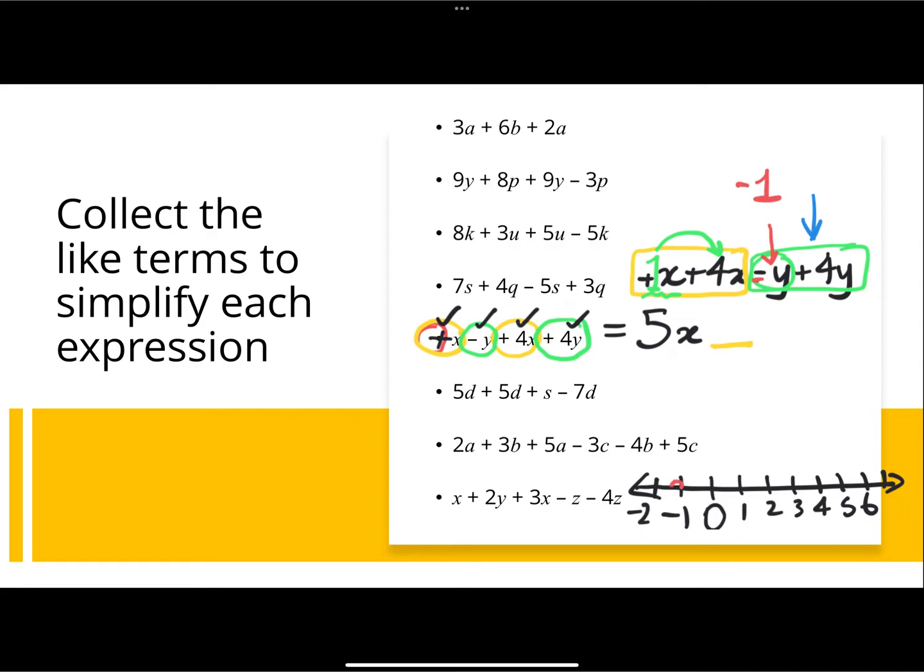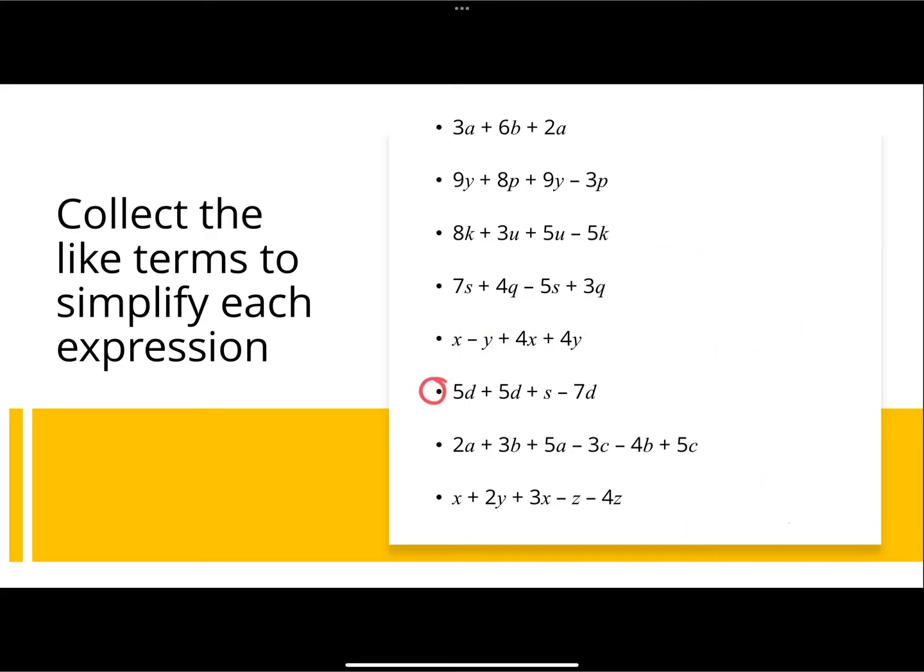So I'm going to start at negative 1 and I'm going to jump forward 4 spaces. 1, 2, 3, 4. So my answer is positive 3y. So I can have a positive for my positive, 3 for the number that I landed on my number line, and the y is the variable that we were working out. So when I simplify this expression, I get 5x plus 3y.